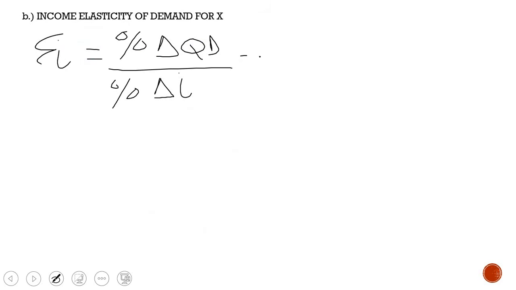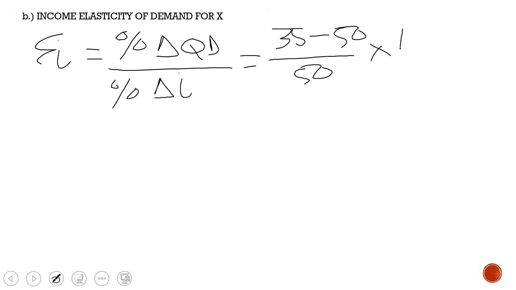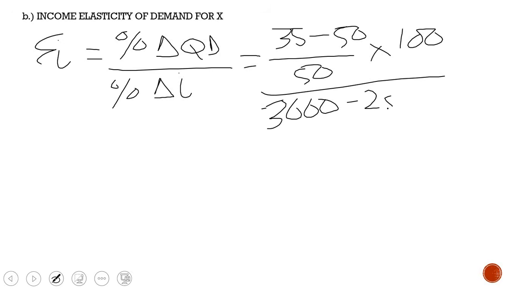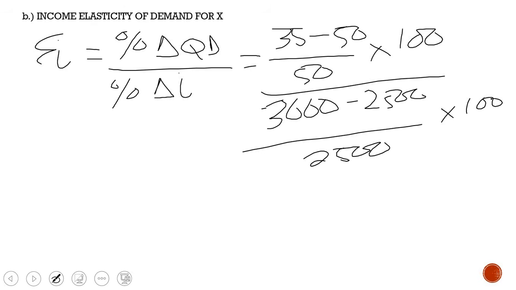So here you're going to say (35 minus 50) over 50 times 100, over the change in your income, which increased from 2,500 to 3,000, times 100.